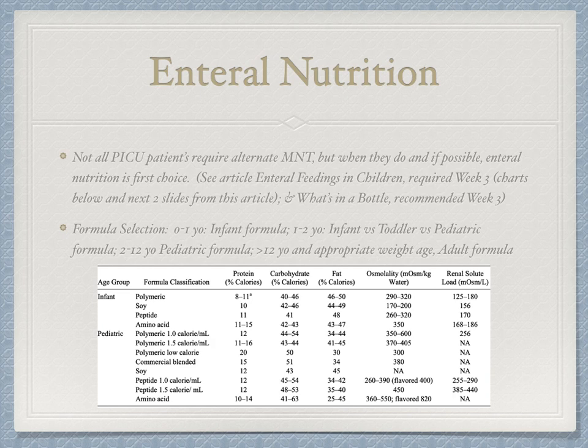The chart below breaks out the different types of formulas you'll find within each formula group. Most hospitals contract with Abbott, Mead Johnson, and Nestle, so most of the examples I'll provide are from these companies, with your understanding that there are many other formulas also available on the market. I should note that the standard infant formula from Abbott, which is Similac Pro Advance at this point, is 19 cal per ounce.